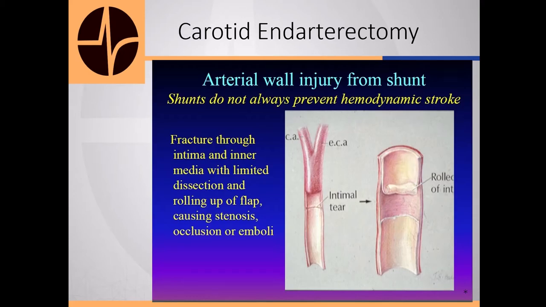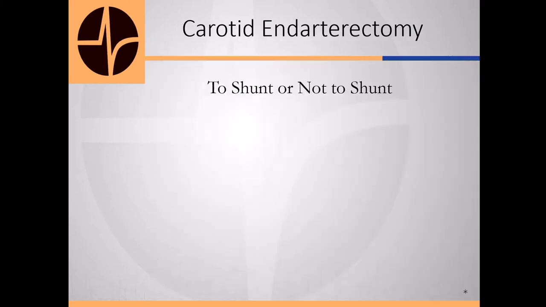Shunts don't always prevent strokes. You can get a tear. And to shunt or not to shunt, that is the question. There are shunters, and they shunt to ensure blood flow, to make sure there's blood flowing through there.